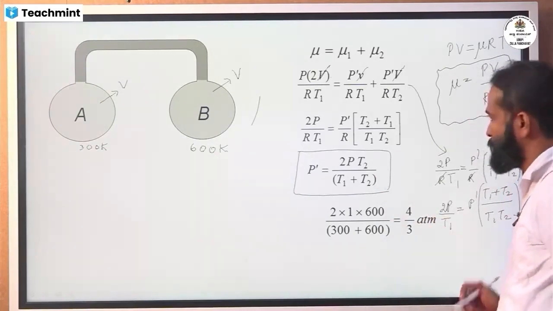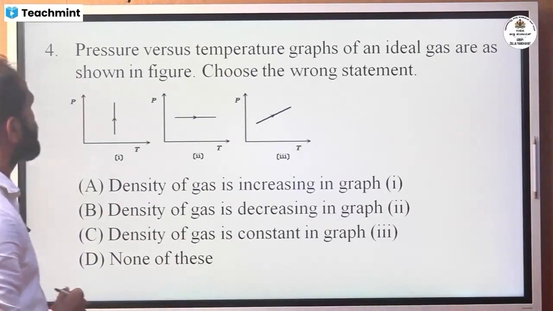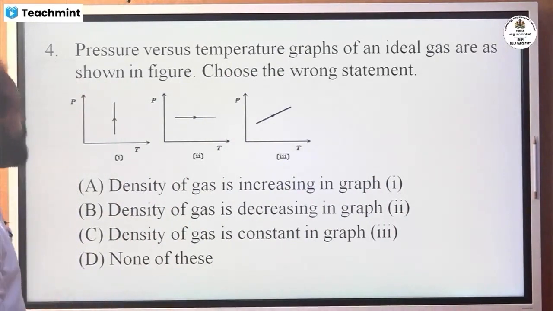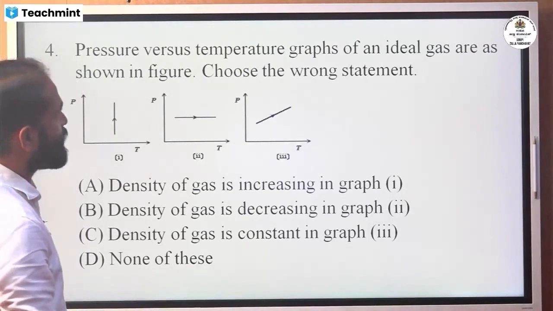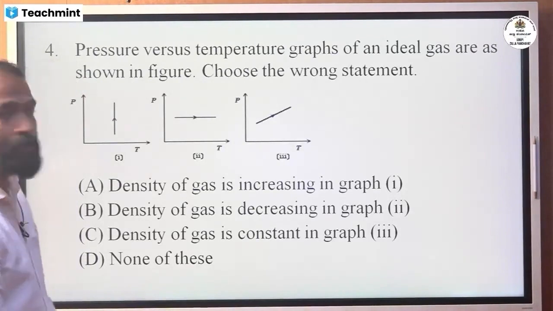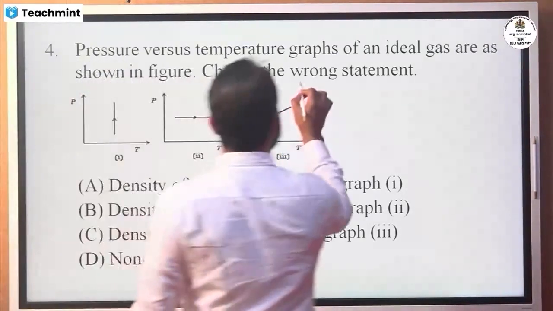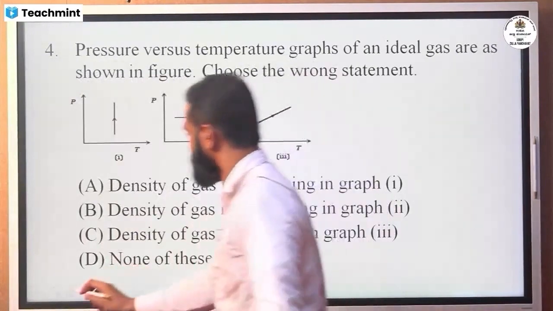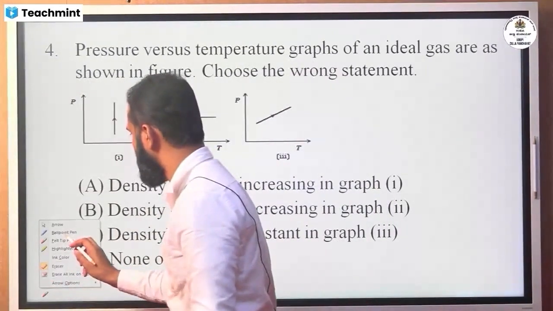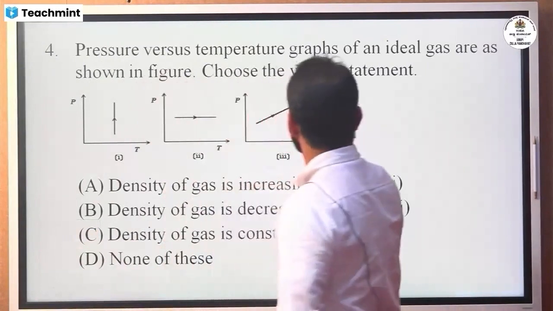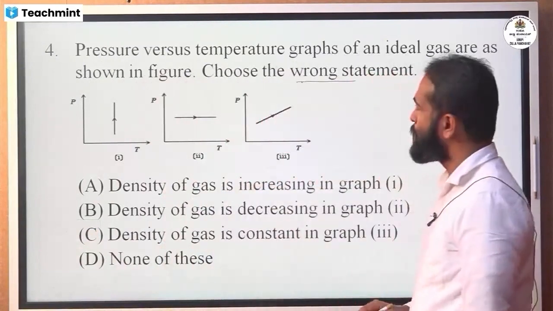Question 4. Pressure versus temperature graphs of an ideal gas are as shown in the figure. Choose the wrong statement. You have to identify which statement is wrong. Now look at the given graphs.